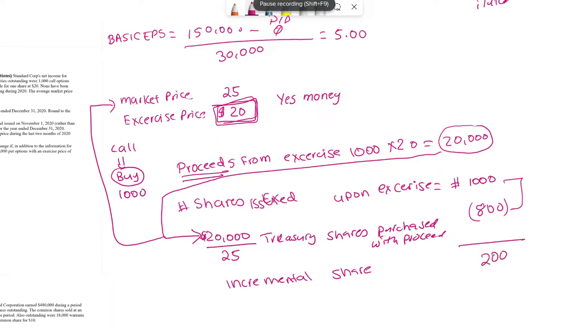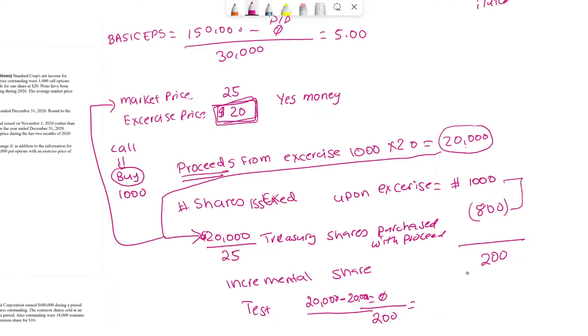From the company's point of view, we got proceeds and we purchased our own shares. So when we're testing whether they are in the money or not, the top number will be 0 and the bottom number will be 200. You have $20,000 and you use it to purchase your own shares, so the top number is 0.